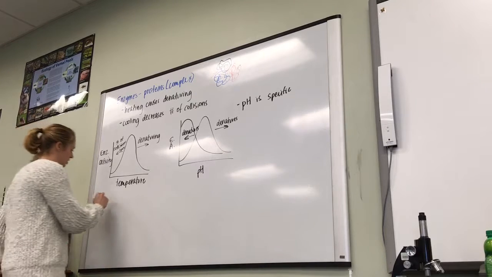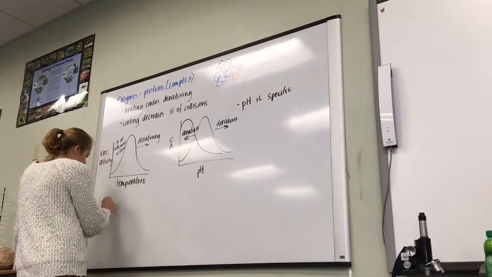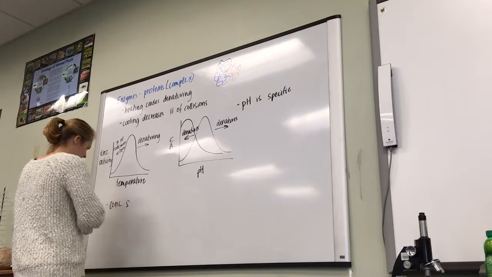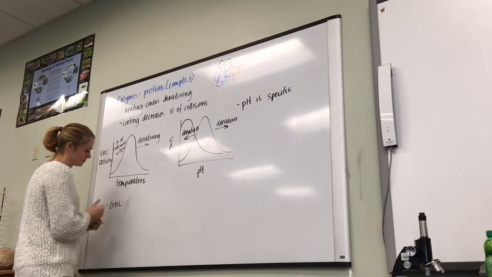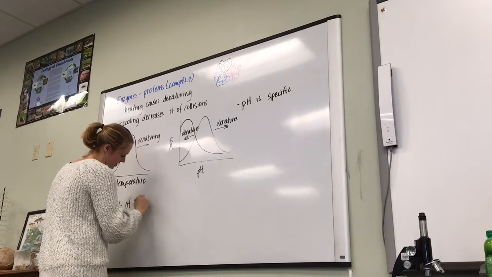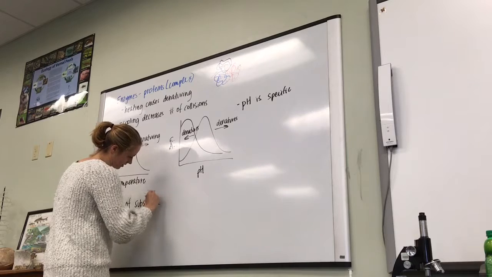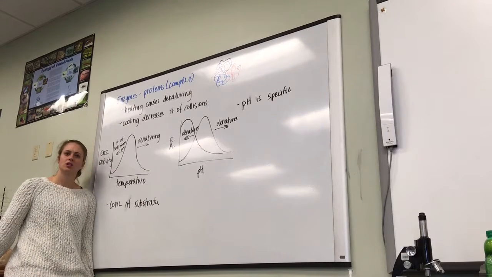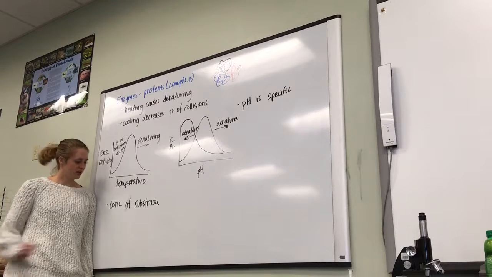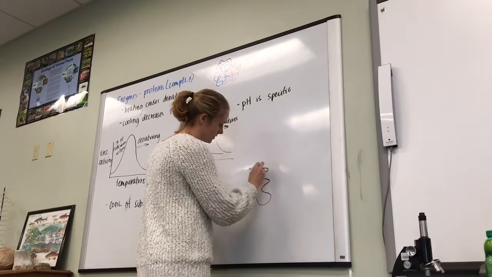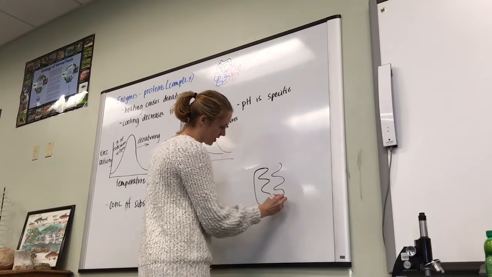The one chart that doesn't look like this for pH. Anybody remember when you increase the concentration of solute, or of substrate, I'm sorry. What is a substrate? The substrate is what's binding with the enzyme. So if I draw an enzyme as an E, the substrate is going to be what binds.